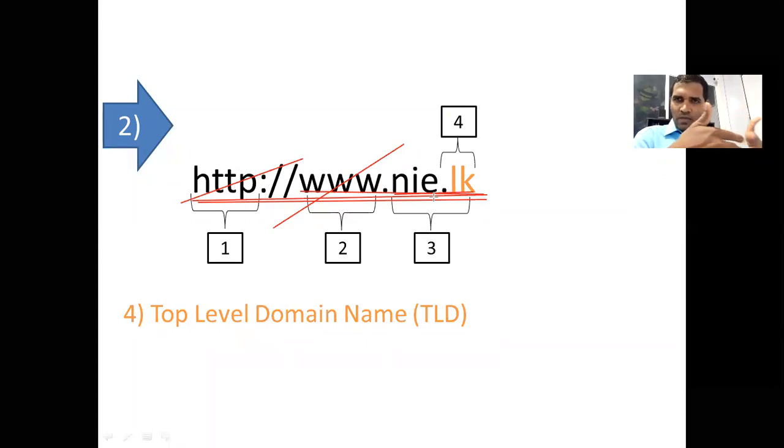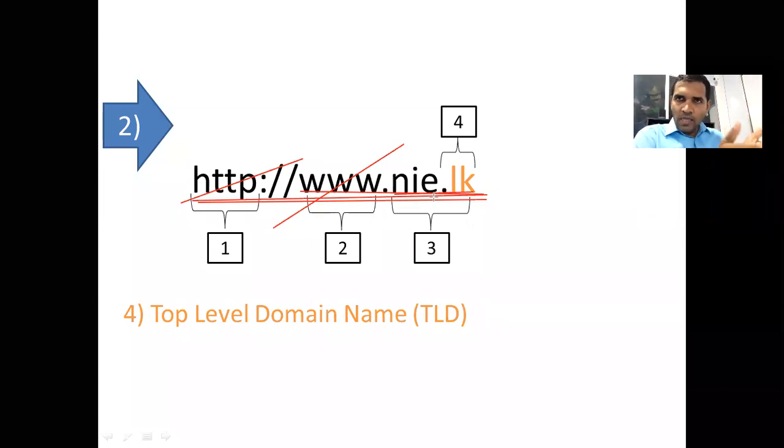Mapped means it is set to an IP address. This nie.lk is set to an IP address. For our eyes, this seems to be nie.lk, but actually this is not nie.lk. This is the IP address of what? The IP address of that particular web server.